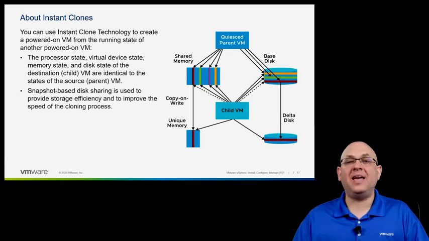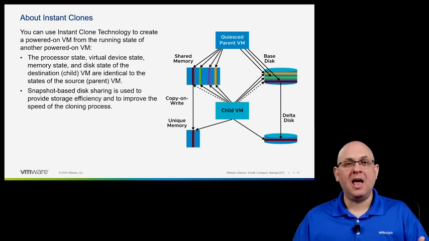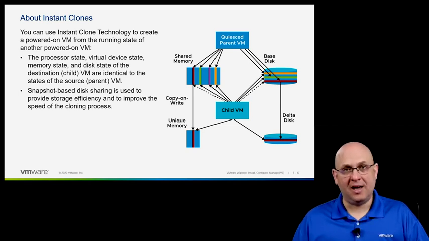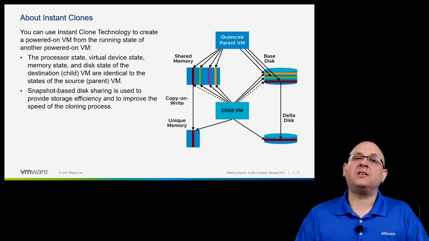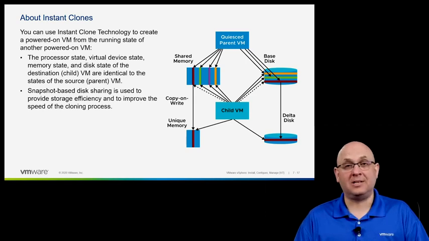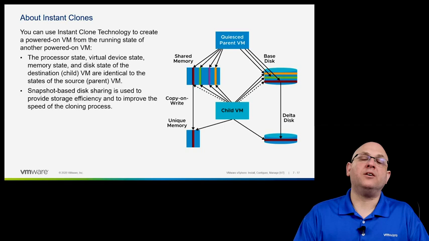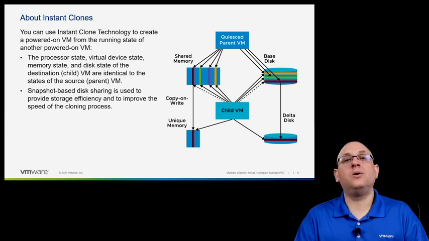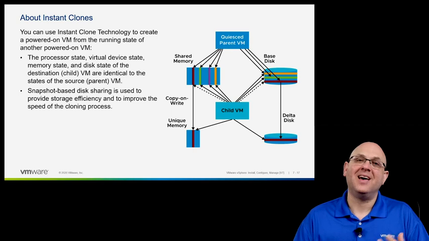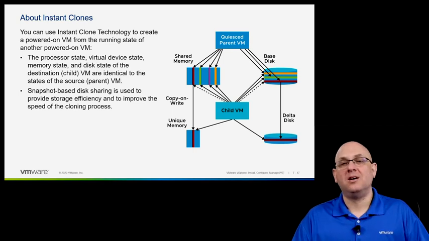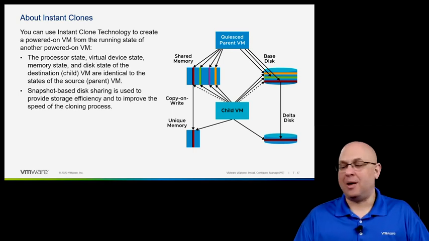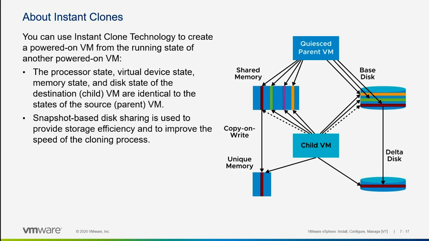So these child VMs are then spawned, and we need to begin working in these child VMs. Well, every time they want to write, for example, a new block of data to storage, or write a new page of memory, we'll execute a copy on write procedure so that these new child VMs get their own unique set of pages of memory and blocks on disk.